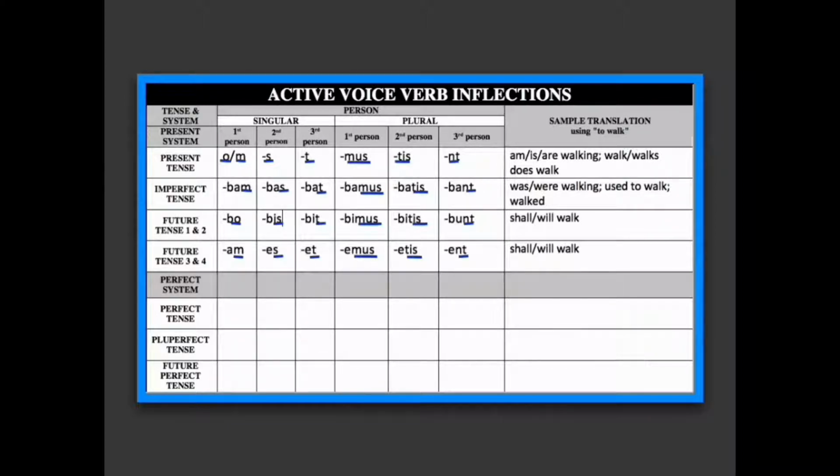Make sure that you commit to memory the fact that NT represents a plural third person subject, like two nouns in the singular, or one plural noun, or that it represents the subject they.